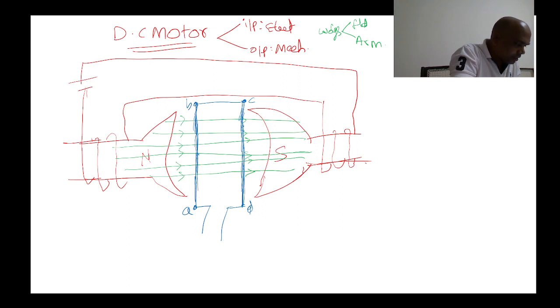This is armature conductor CD. So they are also having, see, this is north pole, south pole. Flux lines are moving from north pole to south pole. So in between the north pole and south pole, I placed two conductors.